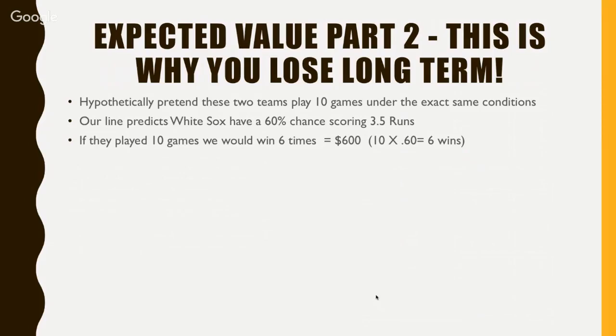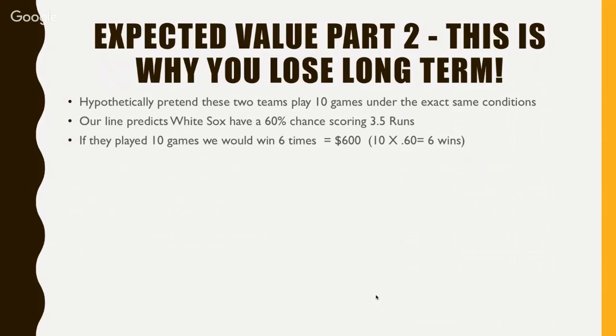Everybody has a chance, whether it's a 10% chance, 60% chance, 70% chance, 40% chance, etc. What we're trying to do is figure out what we believe the correct percentage chance is, and compare that against what the odds say. And that's how we find value. So keep that in mind.